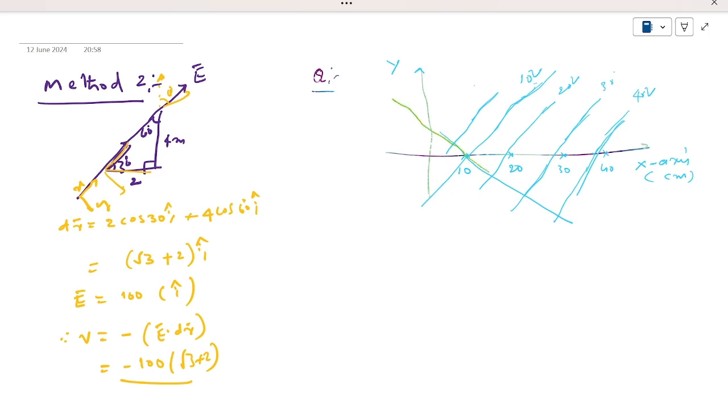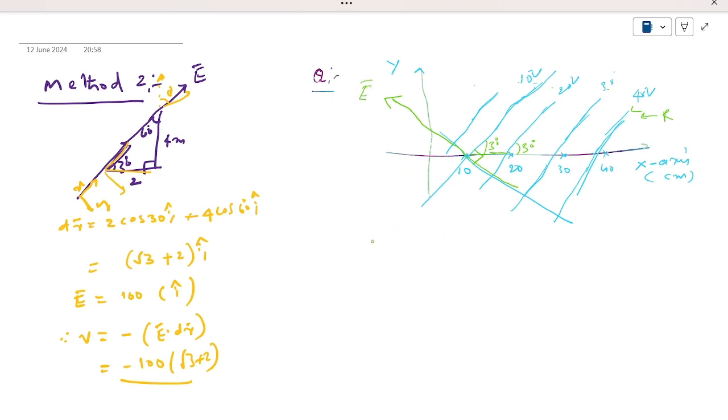Here you can see the given angle is 30 between the x-axis and the equipotential surface, everywhere 30 is given, and this distance will become 10. Now if we see 40, 30, 20, 10, from right to left the potential is decreasing, therefore the field acts in this direction.